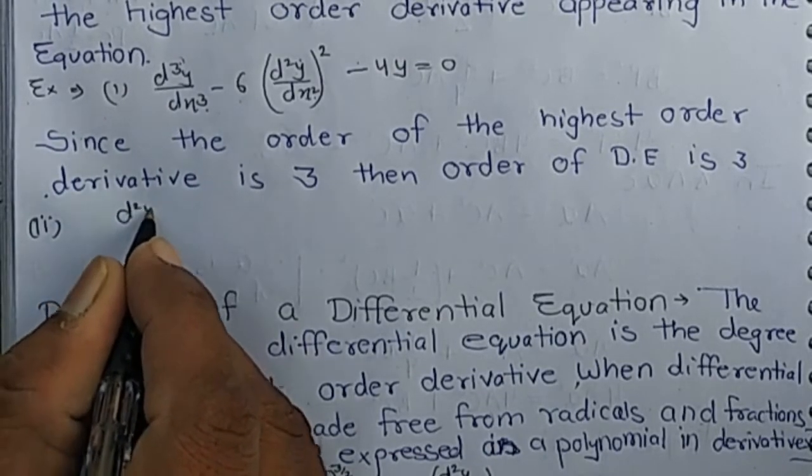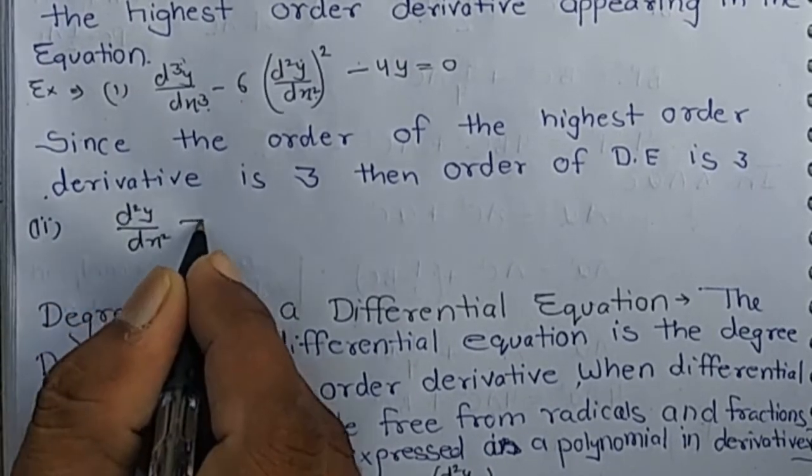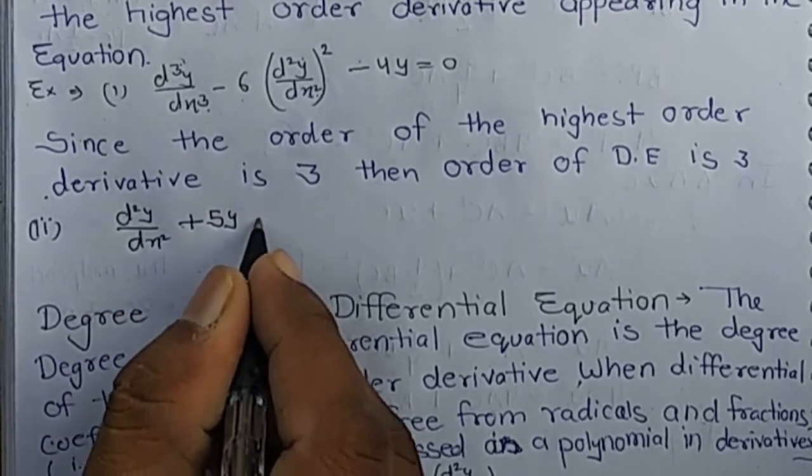we have d2y by dx square plus 5y equal 0.